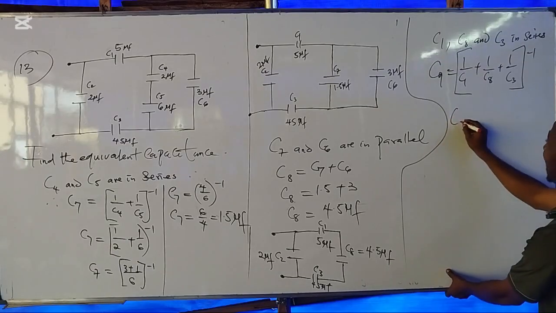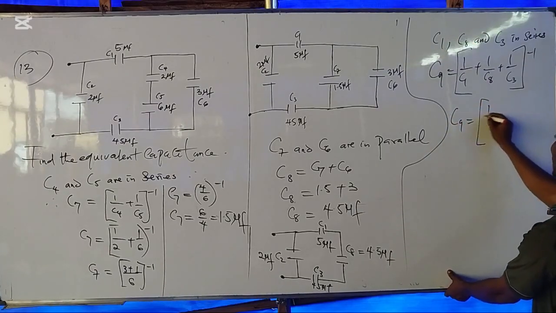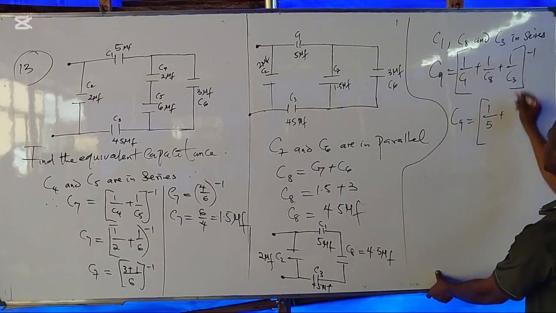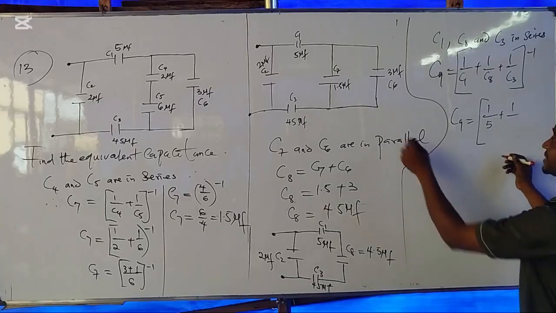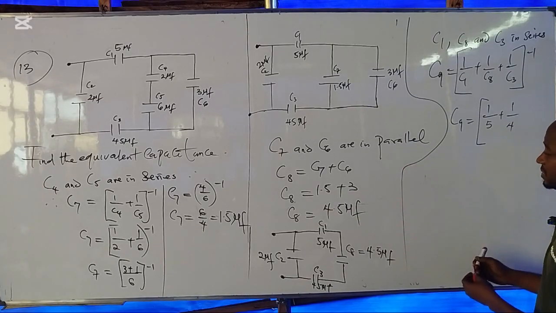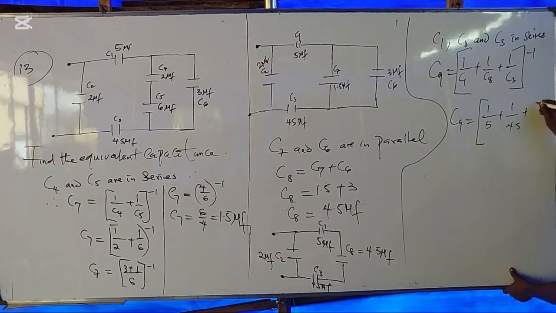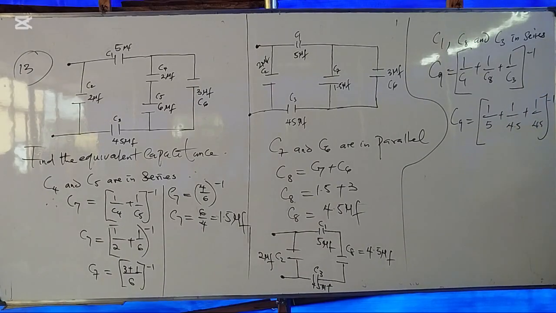So C now becomes 1 over 5 plus 1 over 4.5 plus 1 over 4.5, all raised to the power minus 1. What's the LCM between these three? 45. Okay.